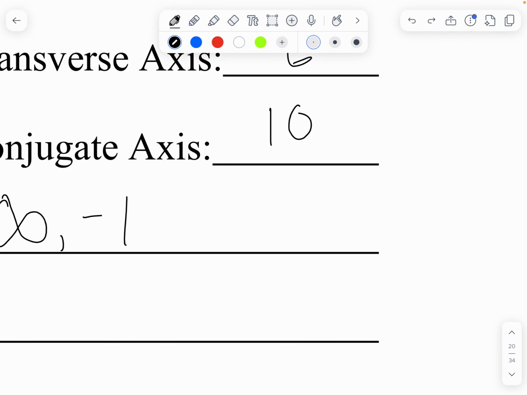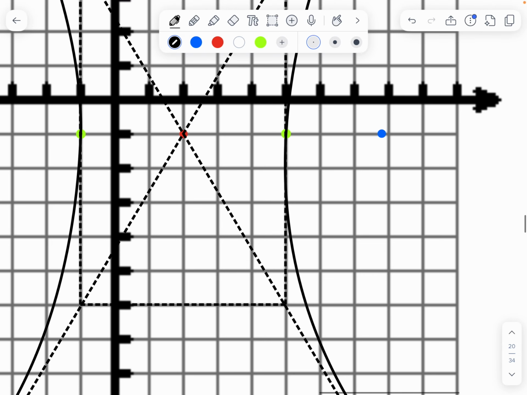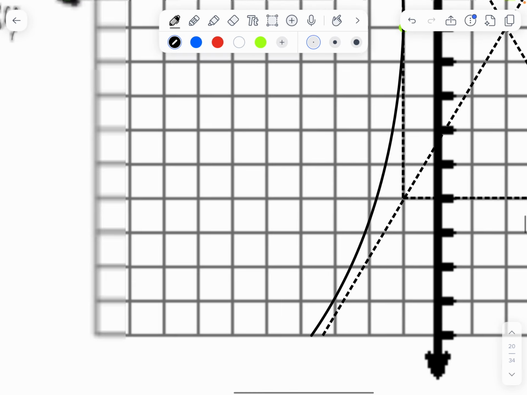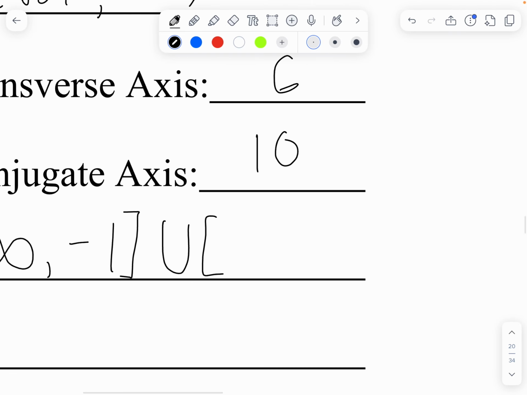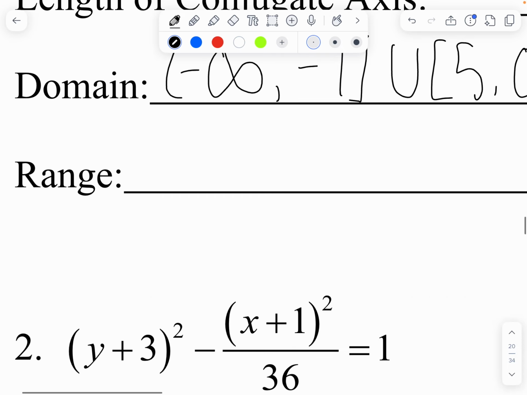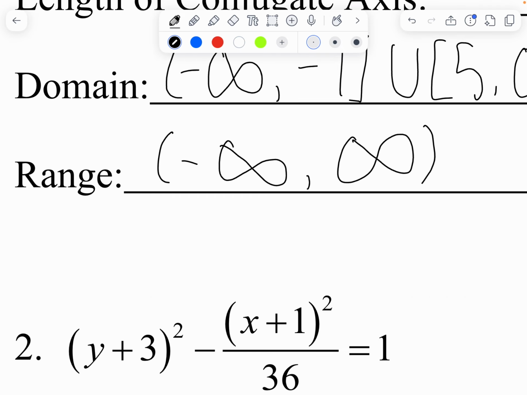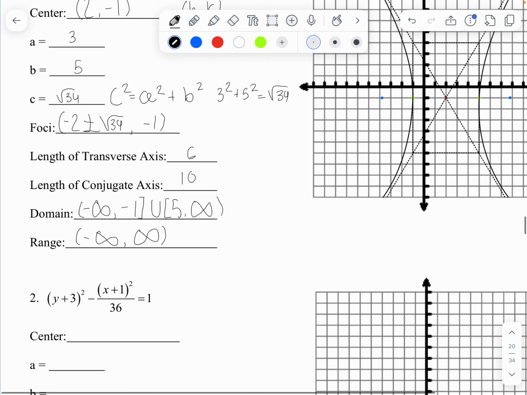Actually, wait, it is bracket since there's a vertex there. Union, and then it starts at 5, bracket 5, comma, infinity. And then this is just -infinity to infinity. Okay.